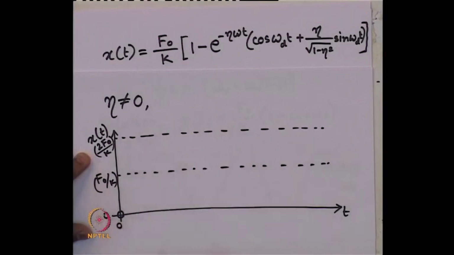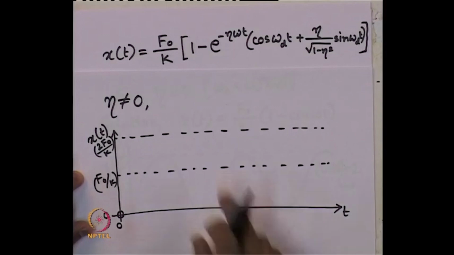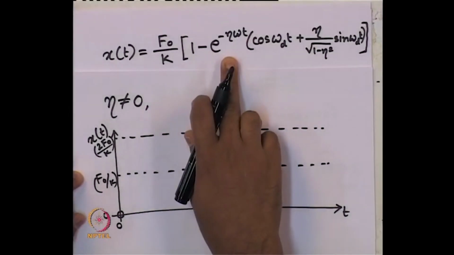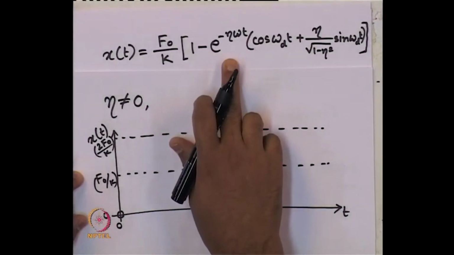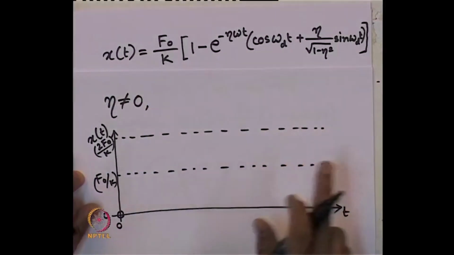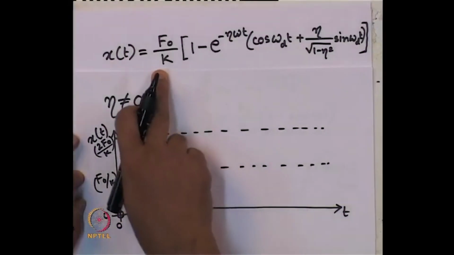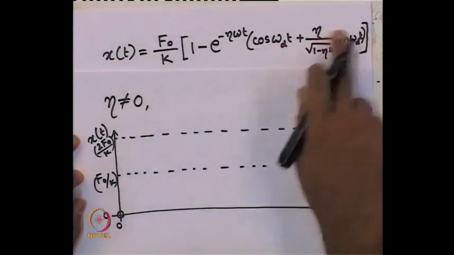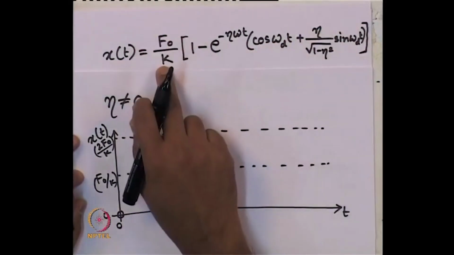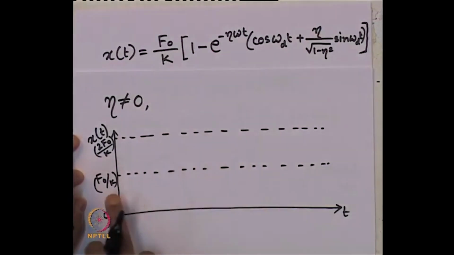If we put it, we can get it. How should the response look like? It will be a harmonic function, an oscillatory function, but with a decay function, and it will decay. After it decays, when time tends to infinity, the value of x t approaches f naught by k, because this goes to 0, but this component remains. So, that is why the oscillation I said will occur about the static displacement point.